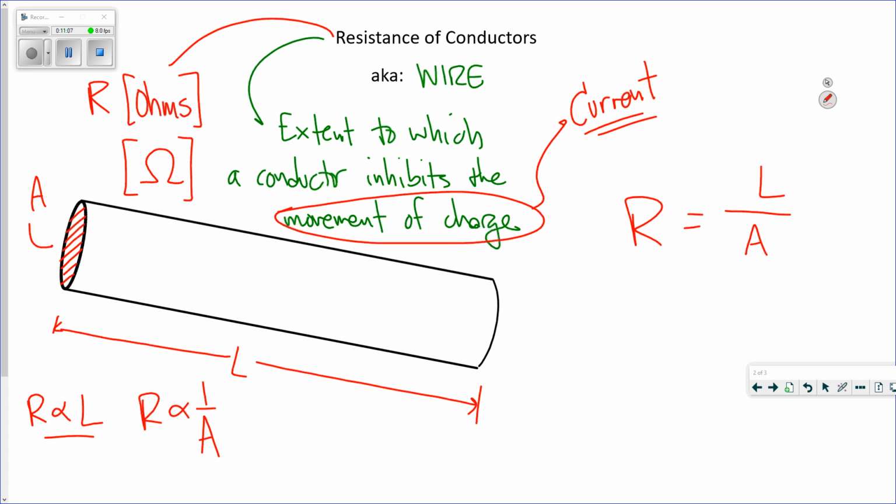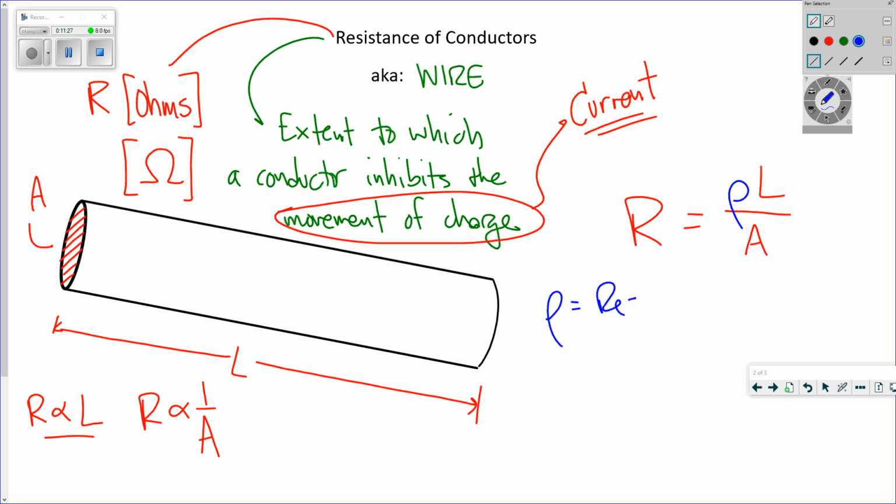And that's pretty close to it, except there's one other thing that affects how much resistance a conductor has, and that's what the conductor is made of. And that is captured in a property of matter called resistivity. That is a different word than resistance.